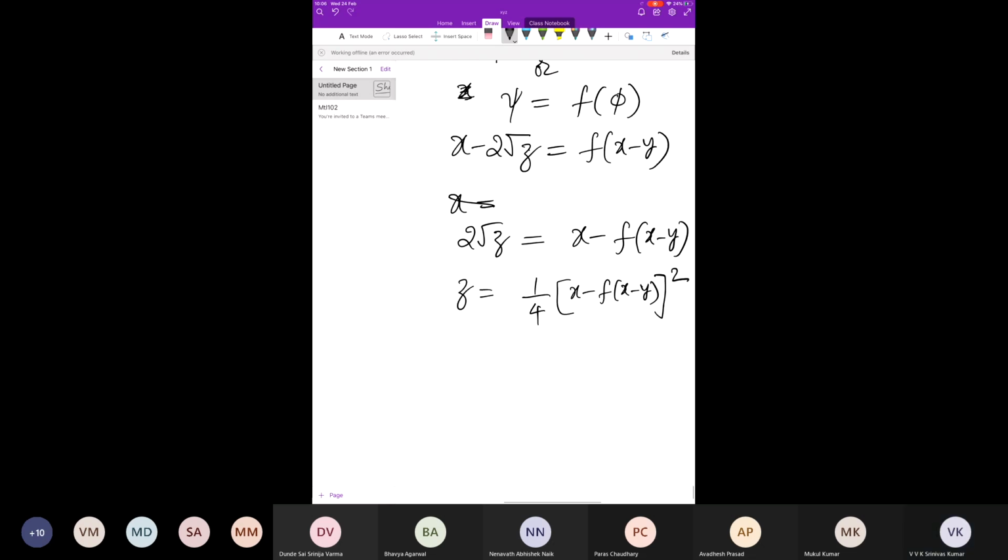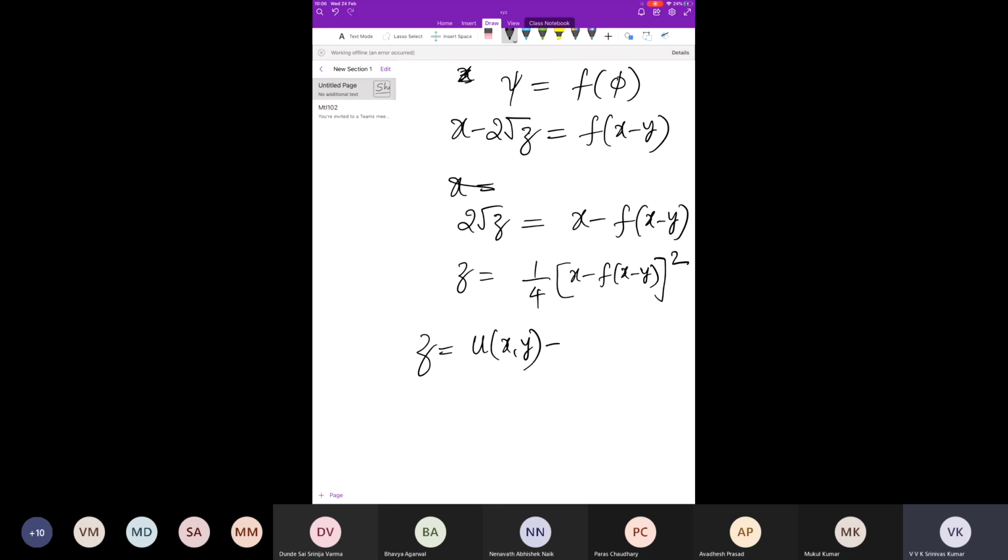Okay, the solution z of x, y is equal to this.